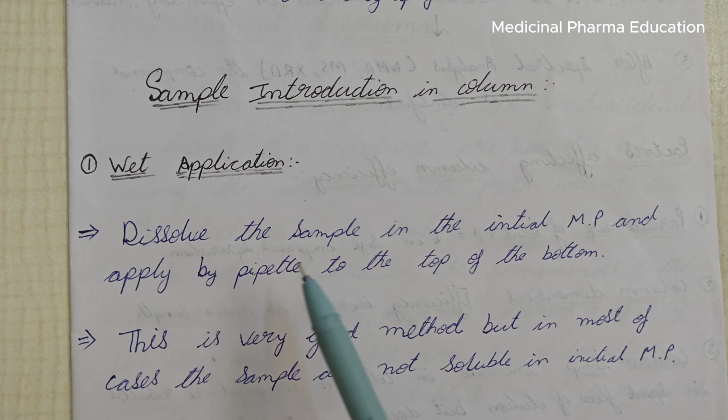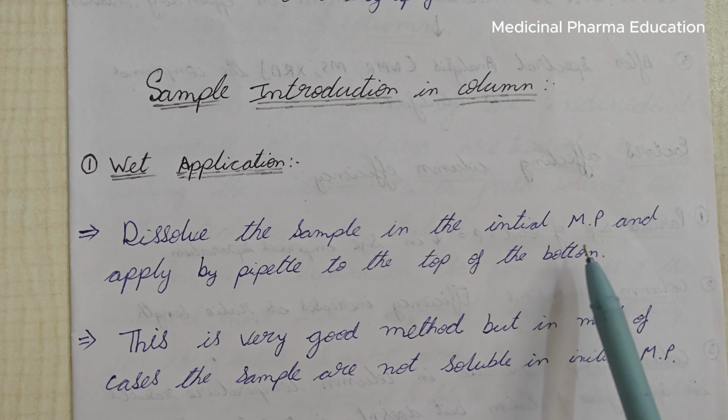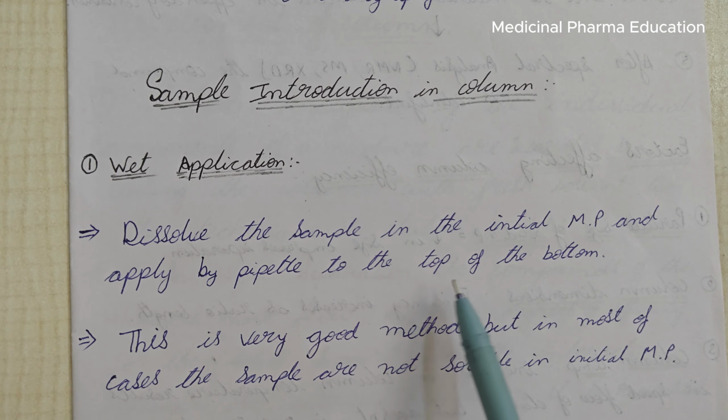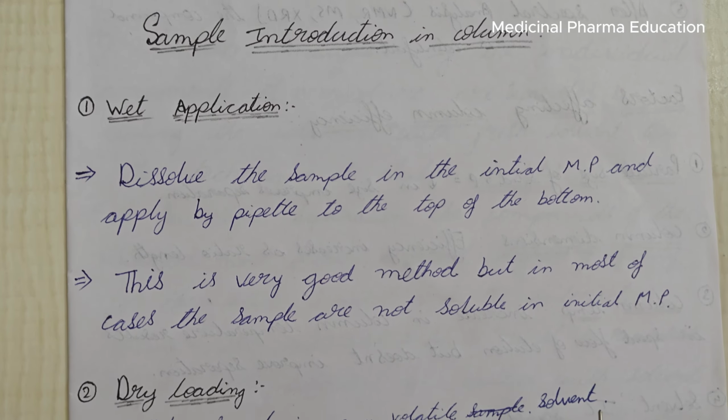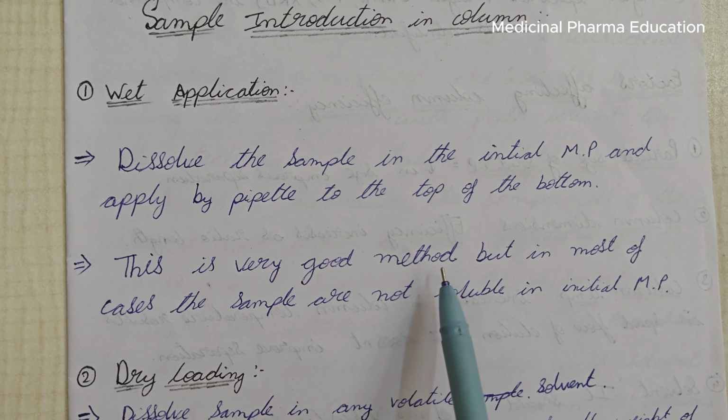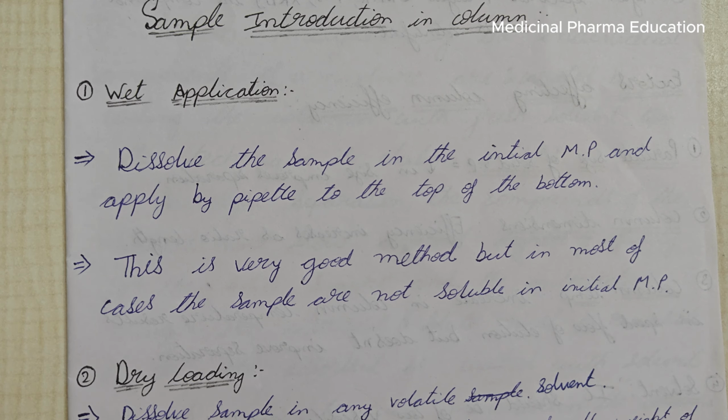Wet application: first dissolve the sample in the initial mobile phase and apply it with a pipette to the top of the column. Firstly, we will take the sample and dissolve it in a small amount of mobile phase, and by the pipette we will apply the sample onto the top of the column. Okay, and this is a very good method.